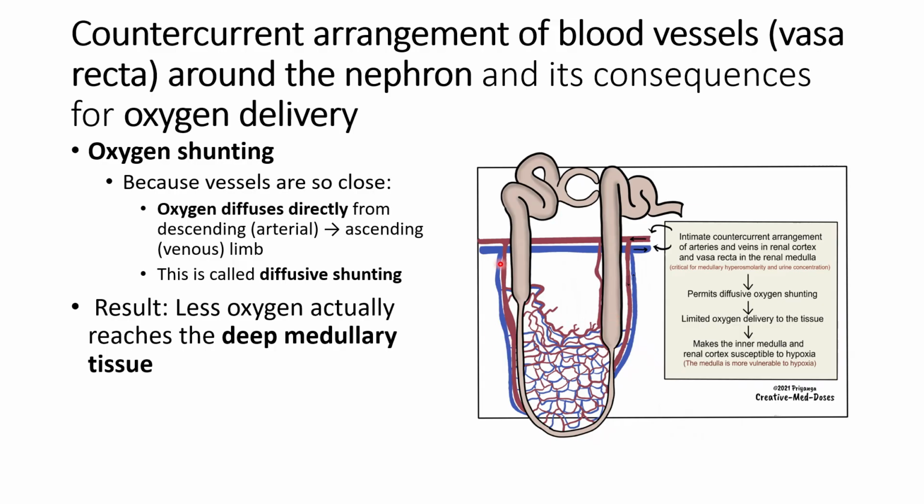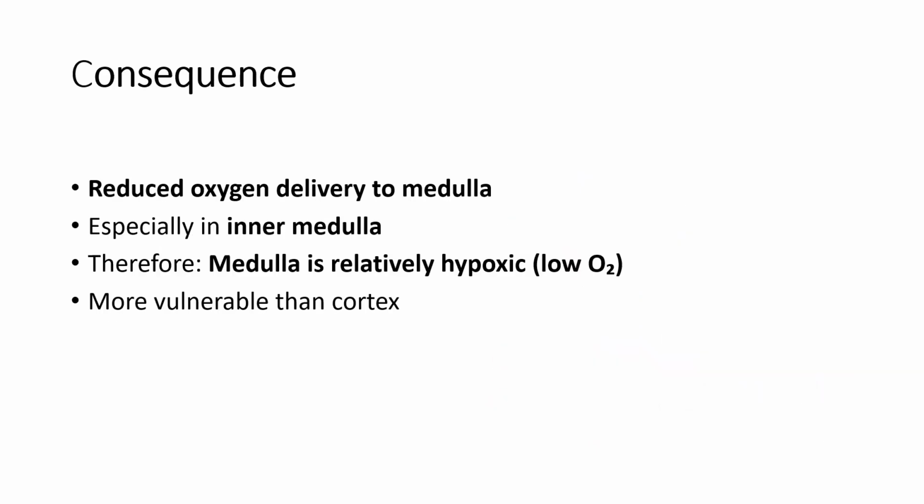So rather than the oxygen normally traveling from the descending limb to the very deep loop and then coming up, it goes directly from here to there, thus leading to a decreased amount of oxygen available for the lower parts of the loop, which makes them vulnerable to hypoxic damage. So the consequence of this system is that it reduces oxygen delivery to the medulla, making a relatively hypoxic environment that can lead to damage.